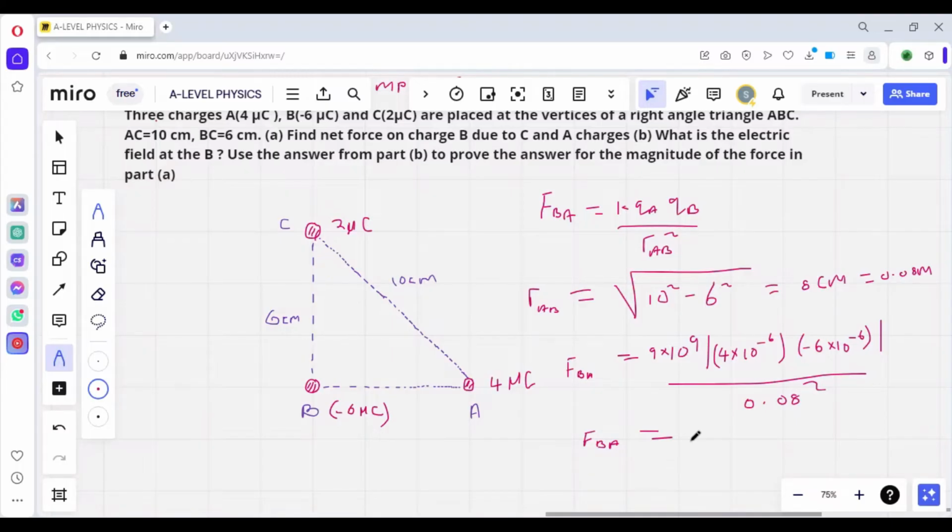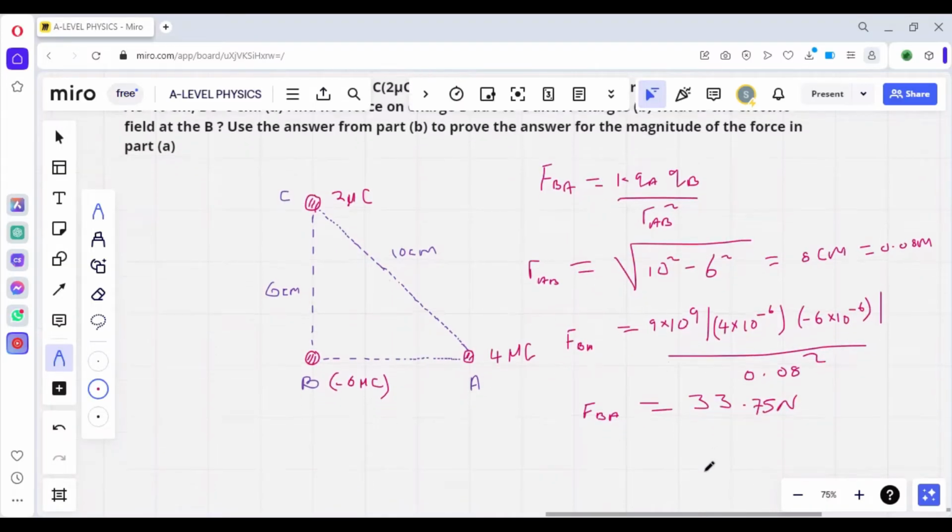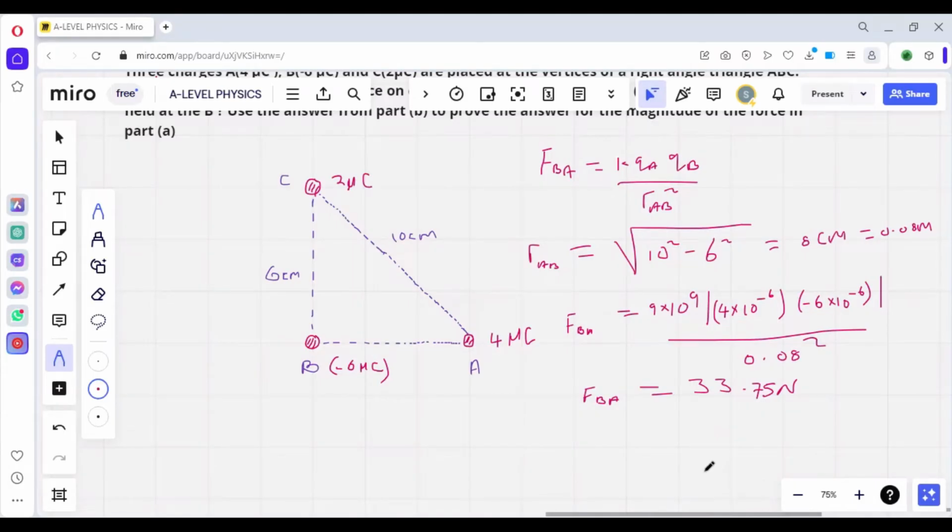What do we have? We have 7.5 newtons. Now, where is the direction of this force? Okay, I've not included the negative here.